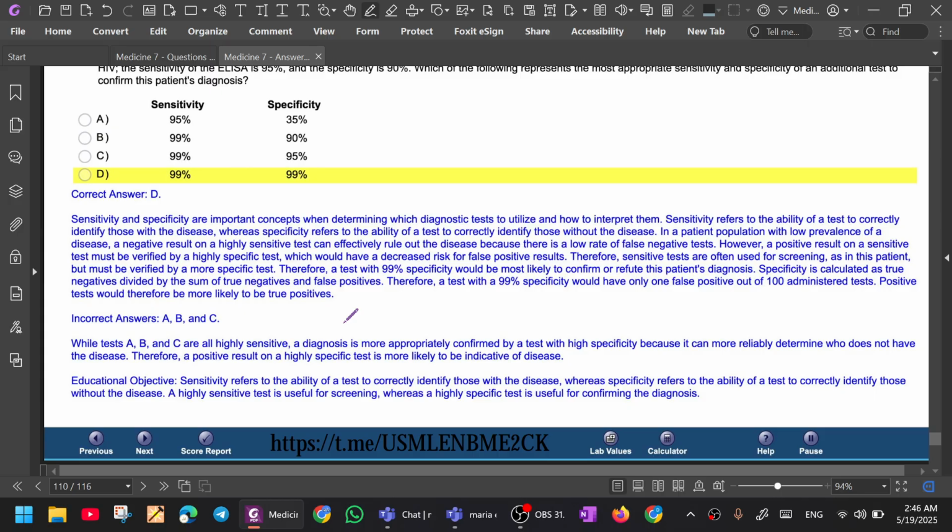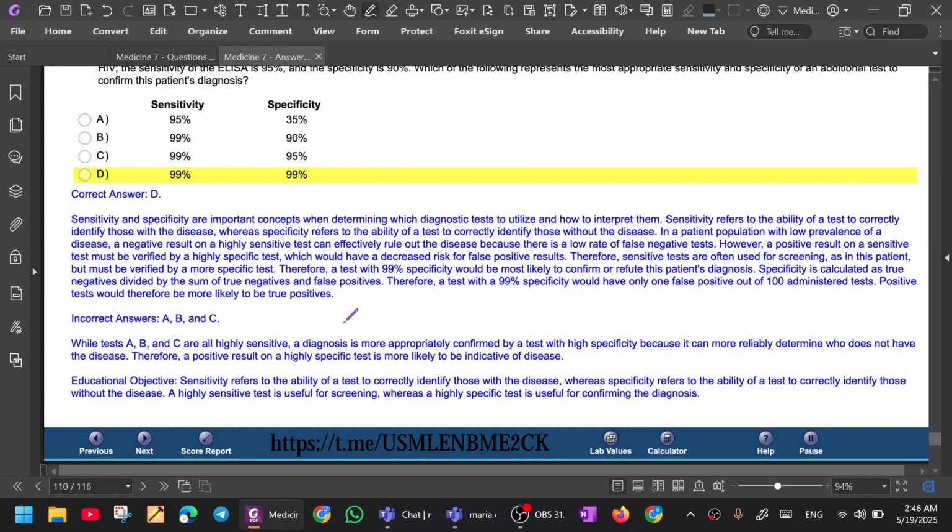Therefore, sensitive tests are often used for screening, as in this patient, and must be verified by a more specific test. Therefore, a test with 99% specificity would be most likely to confirm or refute this patient's diagnosis.